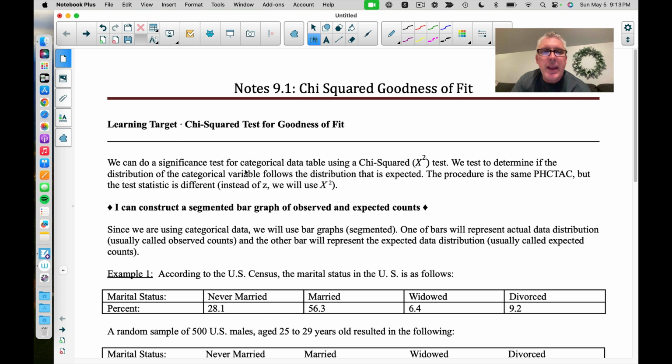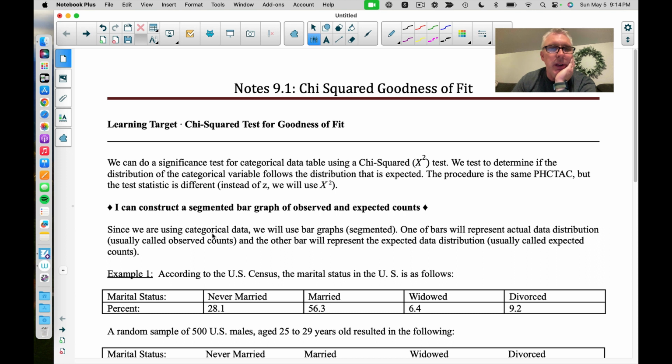So here's the big idea. We are doing really the same thing that we did in Unit 8, but this one we are using categorical data. Right here, I'm talking about categorical things, like if you look down here, never married, married, widowed, divorced, instead of having numbers that we could take an average of, or a percentage, which is what we did last unit.